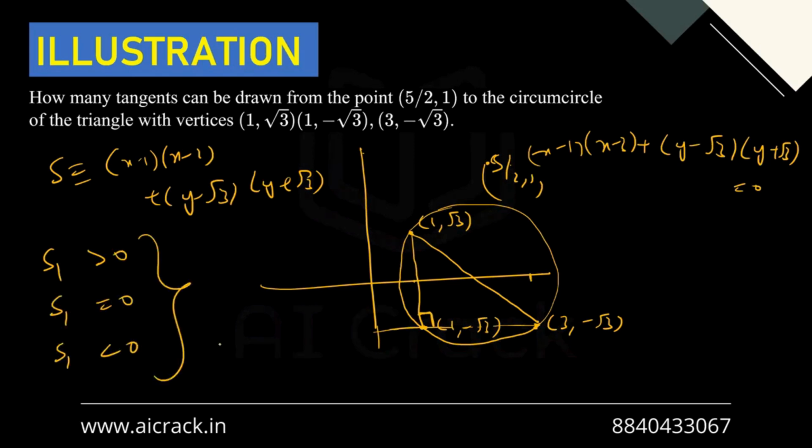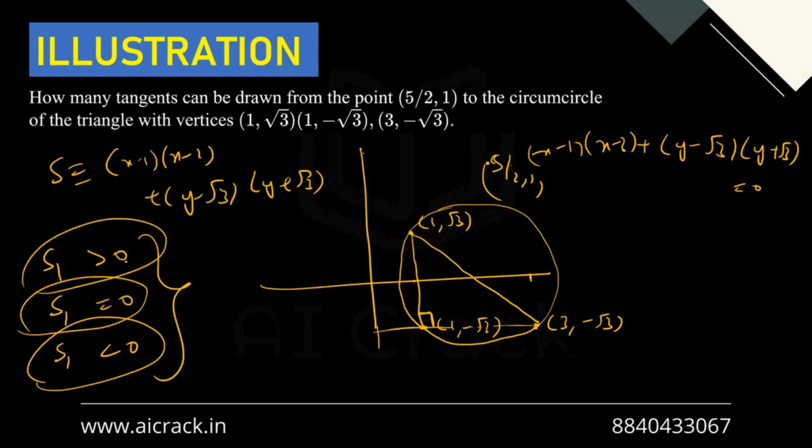If S1 comes out to be less than 0, then it's inside the circle. If it's equal to 0, it's on the circle. And if it is greater than 0, it is outside the circle. You can do that easily, just plug the point 5 by 2 comma 1 into this equation and compare it with 0 to find out the answer.